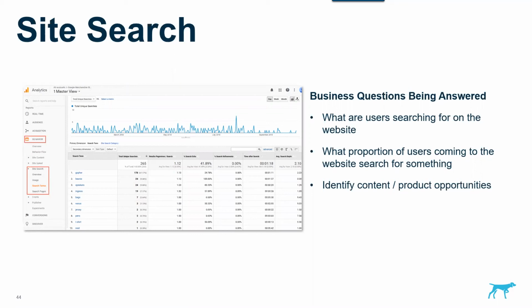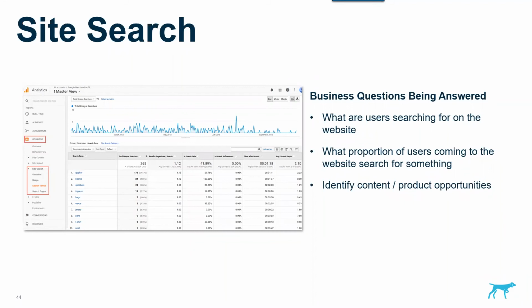Sometimes users come to the website and search for a particular product, for example, which doesn't exist on your website. And that gives you a bit of a case on, if users are searching indeed for that particular product, maybe I should be selling it, or maybe I should explore the opportunity of selling it, and so on.